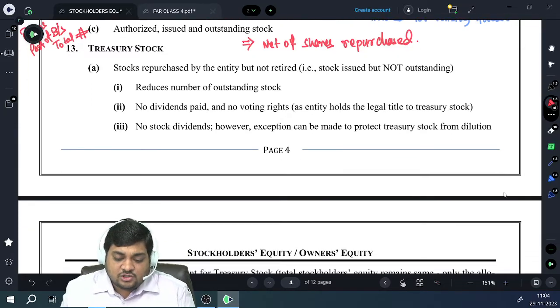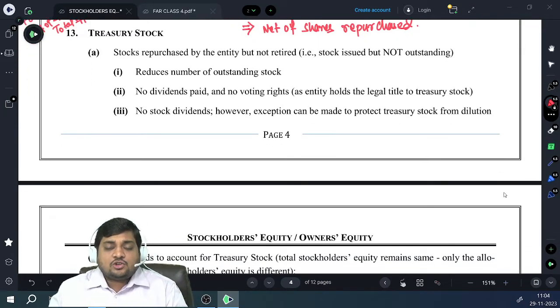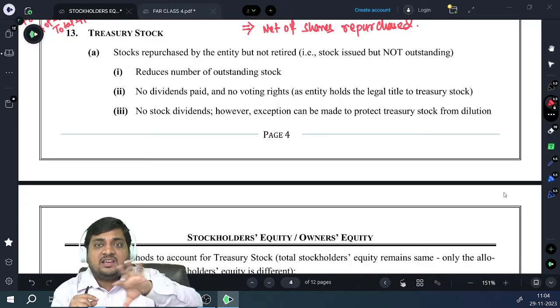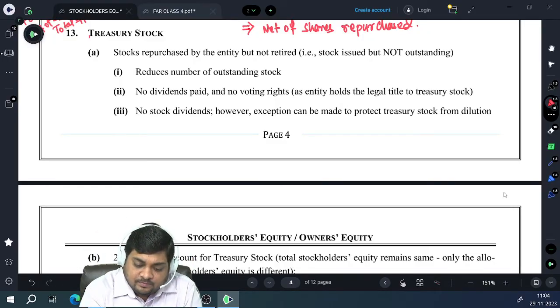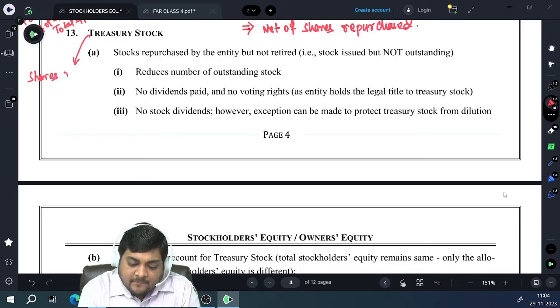Now what is treasury stock? Treasury stock and stock repurchased and retired basically means out here shares are repurchased but not yet retired.